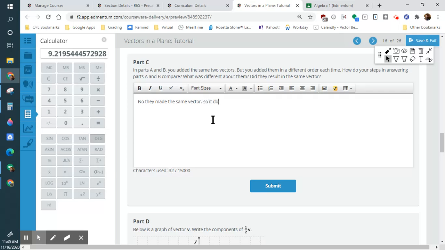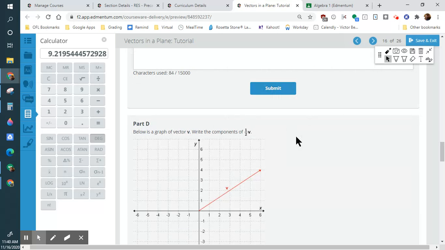So it does not matter which vector you start off with. It's basically saying that you can start with your vector U, or you can start with your vector V. Addition is, I believe it's called commutative. Commutative property, meaning that it doesn't matter which one you start with.